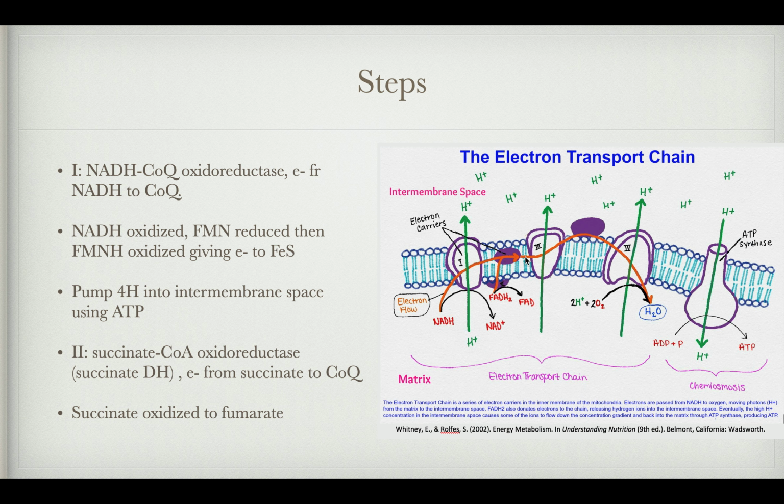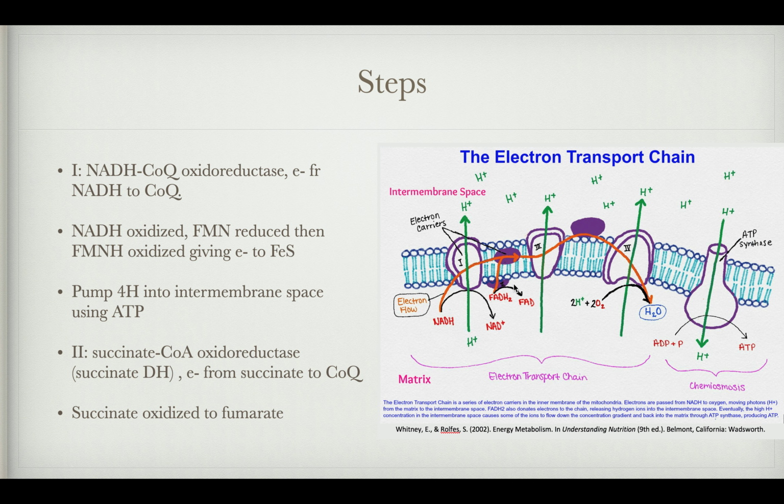Once they pass all of these electrons to coenzyme Q, the second complex will oxidize succinate into fumarate using succinate coenzyme Q oxidoreductase, but this can also be known in your textbooks as succinate dehydrogenase.